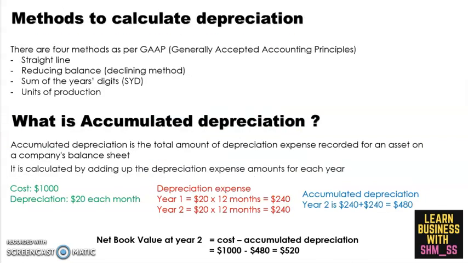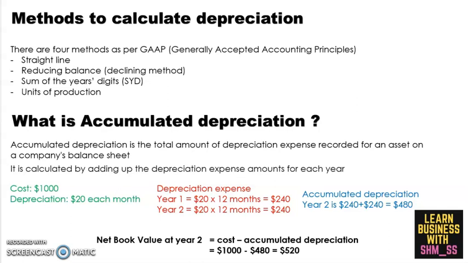In the third slide, we will see what are the methods that we already spoke about in the previous slide. What are the methods available to calculate depreciation? As we already saw in the definition of depreciation, it's a methodical approach or a systematic process. So what are the methods available to calculate depreciation?